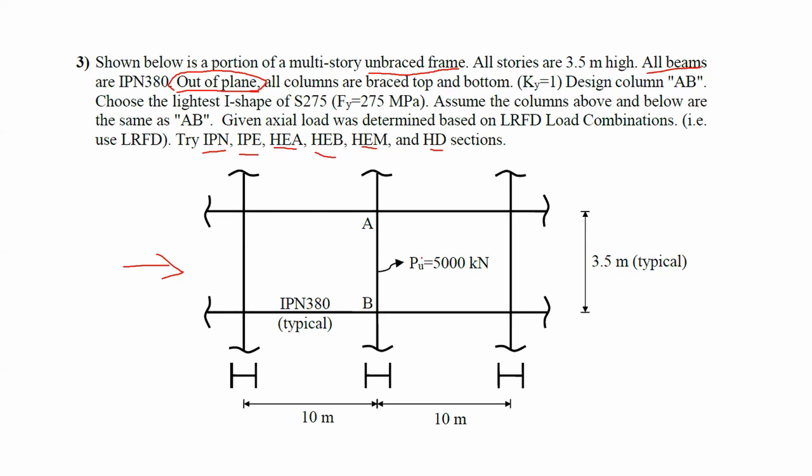So if I look from this direction of the arrow, I expect something like this. This is how AB would be. So differentiate between in plane, which is what you see in front of you, and out of plane, which is what you don't see.